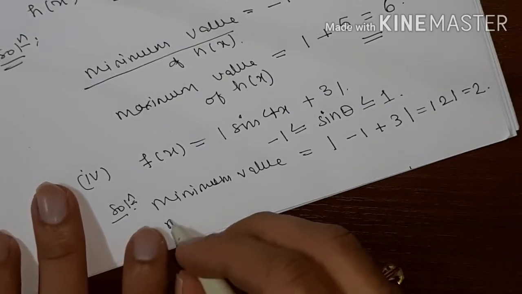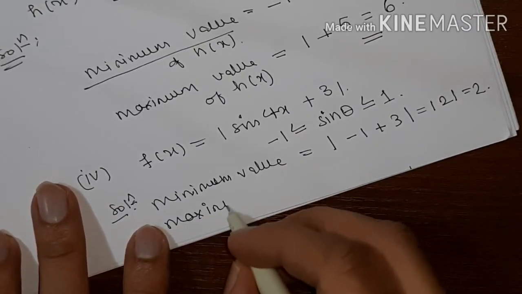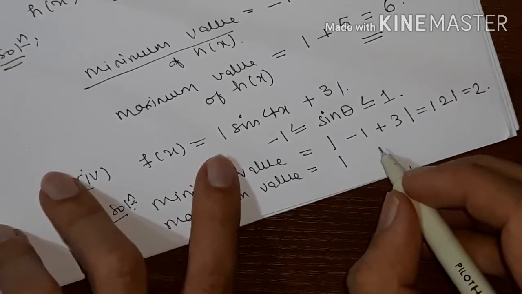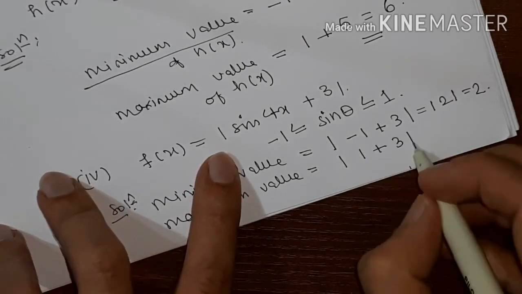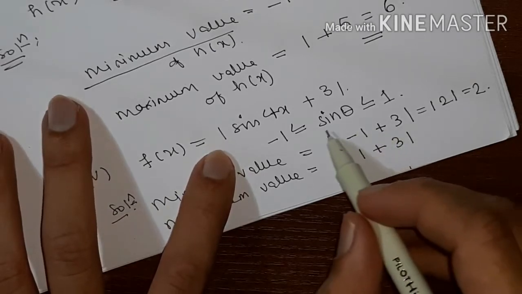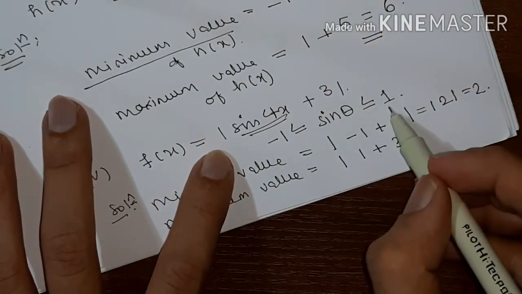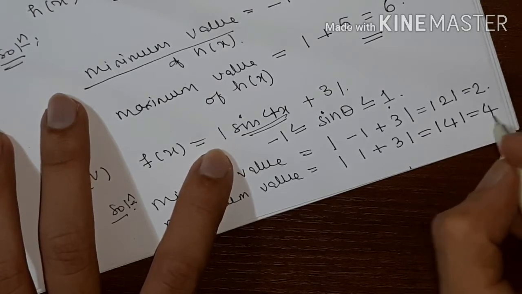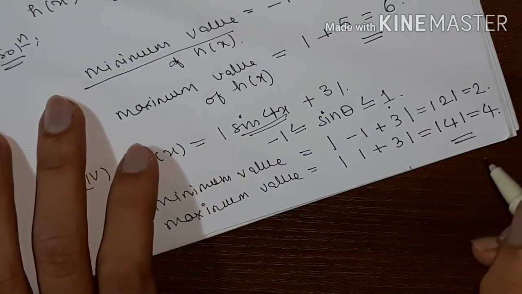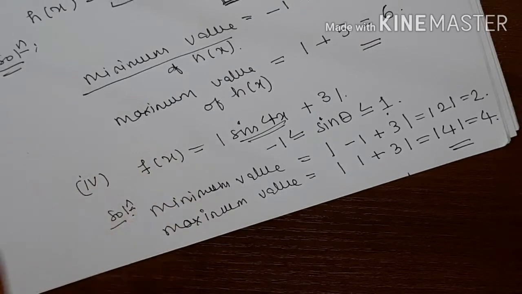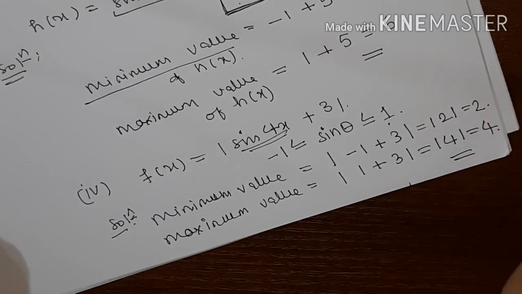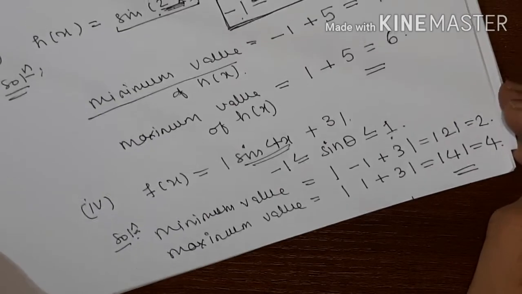And the maximum value will be modulus of 1 plus 3, when the sine takes the maximum value. So that is modulus of 4, which is 4. So this function has minimum value 2 and maximum value 4.